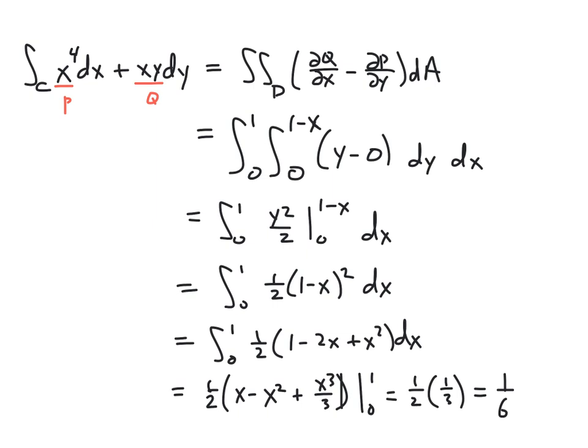The benefit here is we have to compute one double integral, which ends up being an iterated integral with 2 integrations in this particular instance. But typically these double integrals are a little bit easier to compute than the line integrals that they are equal to. So this is a very standard example of how we typically use Green's theorem in practice.